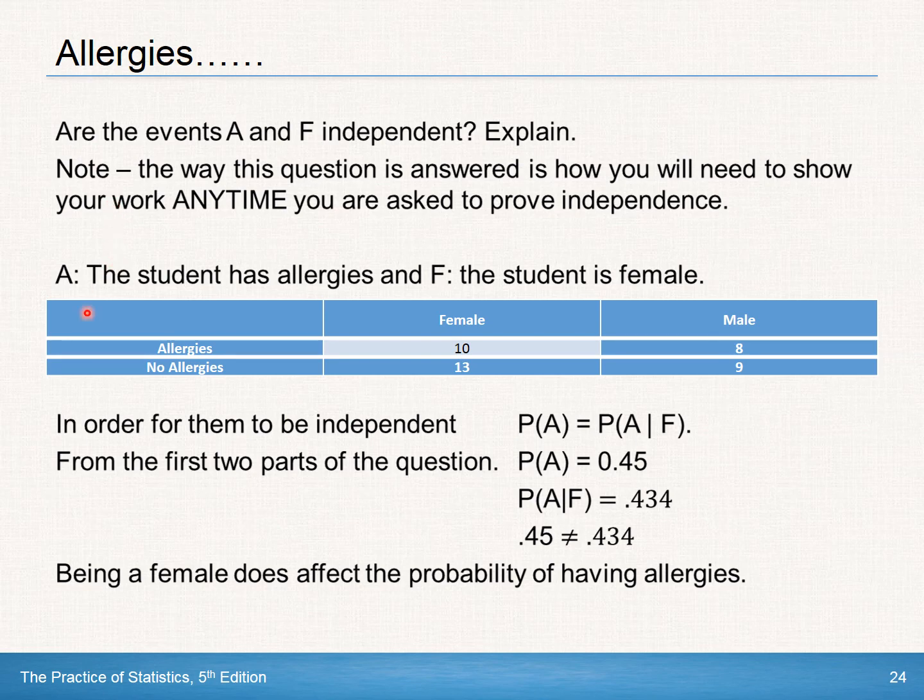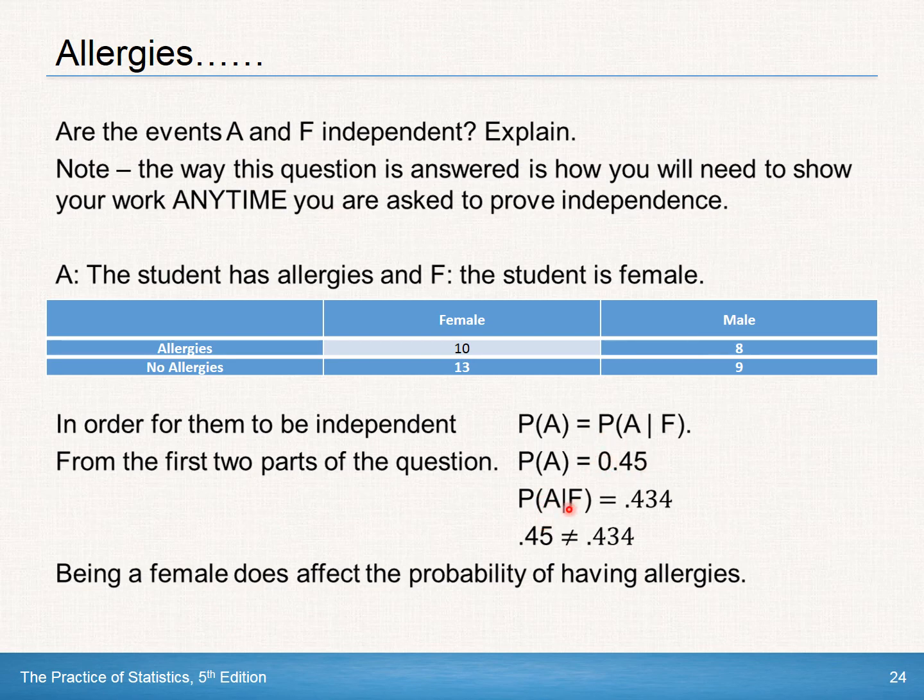We're checking to see if A and F are independent. In order for them to be independent, you have to answer the question: is the probability of A the same as the probability of A given F? What is the probability that the student had allergies? That was 18 out of your total, which was 40, which was 0.45. What's the probability of A given F?